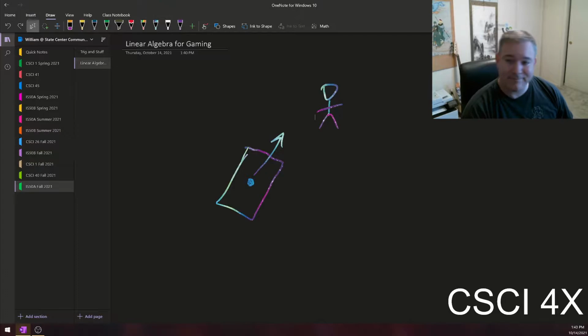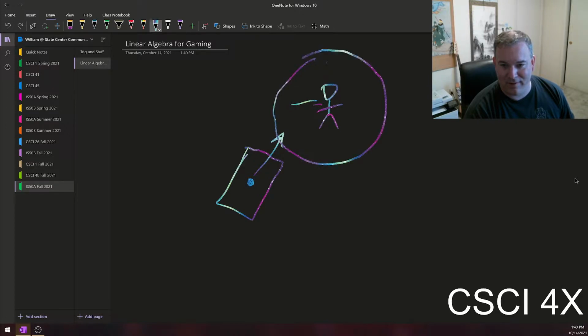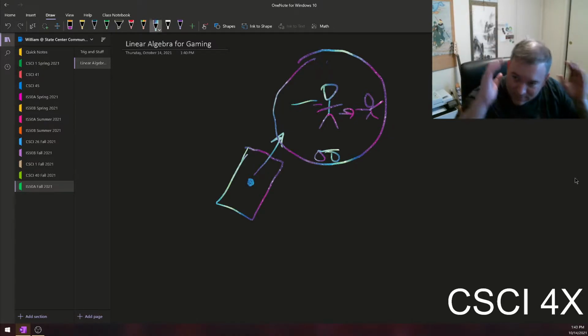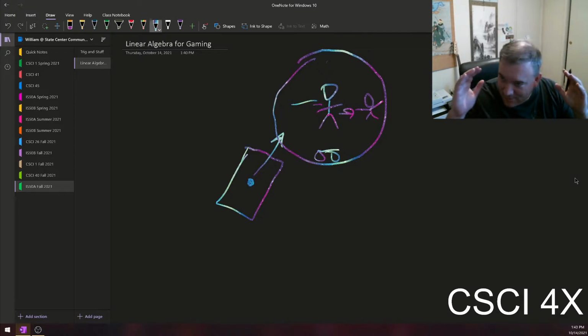There we go. So what they did in Cyberpunk is they did a circle around the pedestrian, and if you had a motorcycle or something nearby, then the person would cower, and they would go on the ground like this and just move their head back and forth and cower.